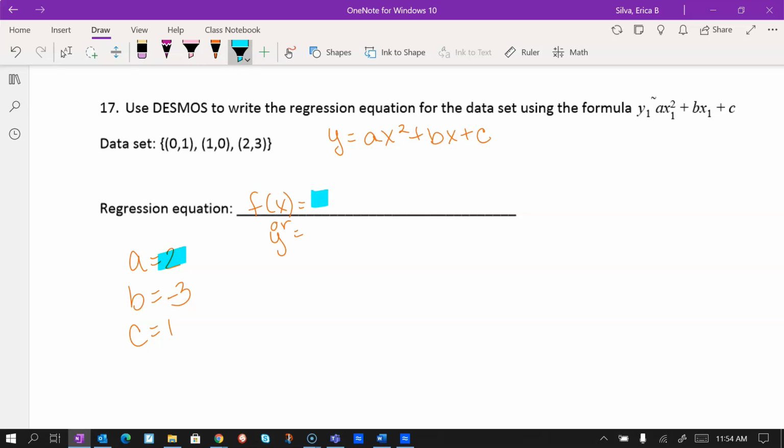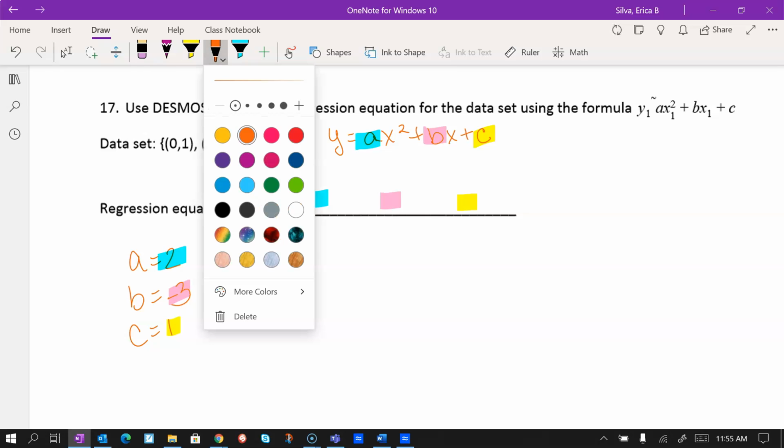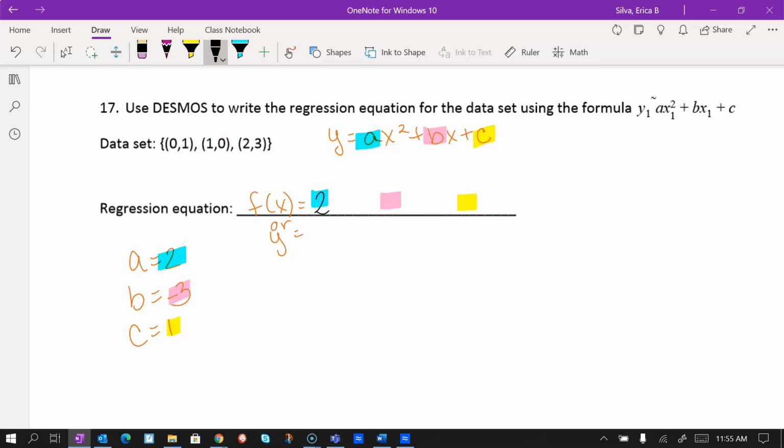So your a is going to be 2, your b is -3, and your c is going to be 1. So 2x squared, sorry, let's do minus, because it's a negative, 3x, and then plus 1. And the same thing for the y.